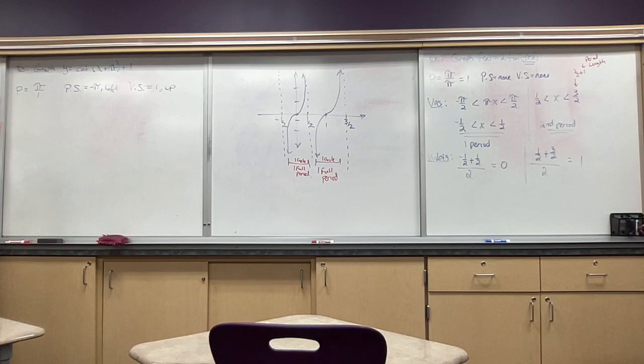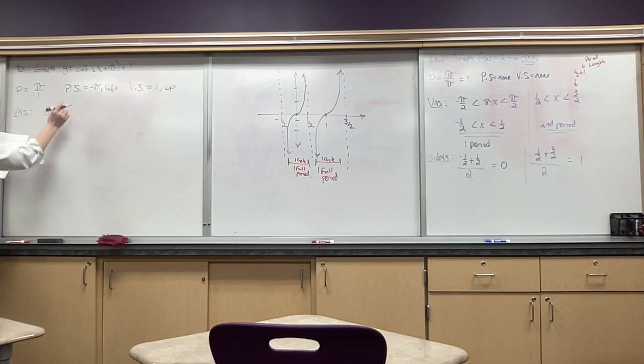Okay, next, just going through the list here. Let's look at where the vertical asymptotes are going to be. So for cotangent, the period length's pi, okay? But we're only going from 0 to pi itself. That's where our values are, and then it starts repeating afterwards.